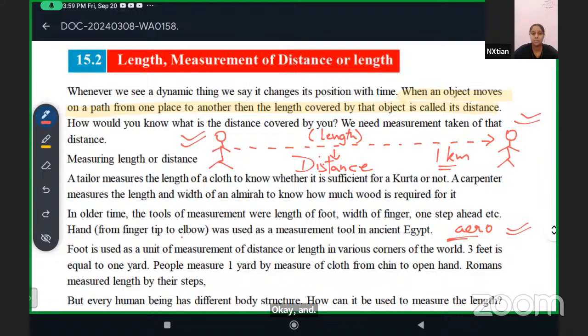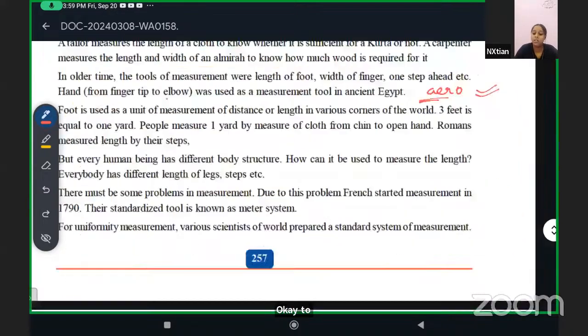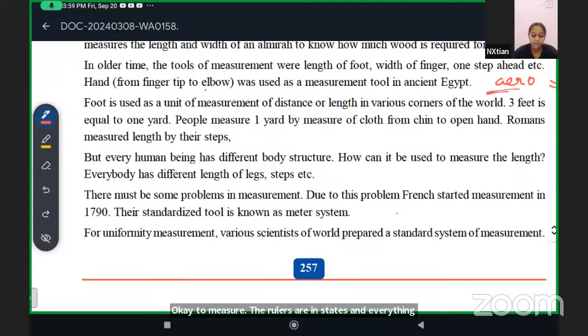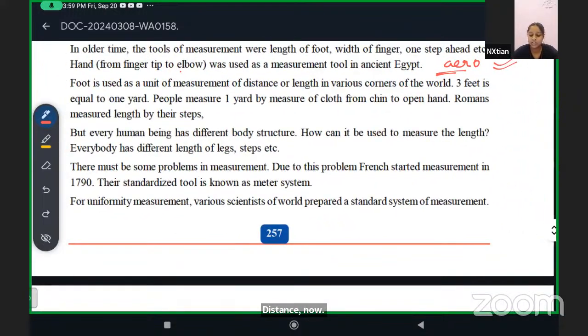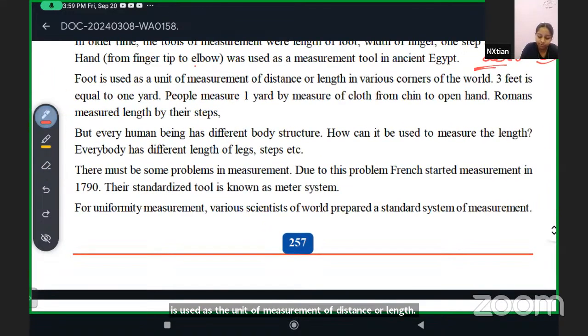Now we have inch tapes, scale rulers, and everything to measure distance. The foot is still used as a unit of measurement of distance or length in various corners of the world. 3 feet is equal to 1 yard. People measured 1 yard as the measure of cloth from the chin to the open hand.